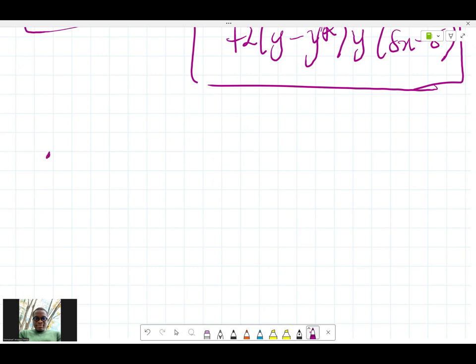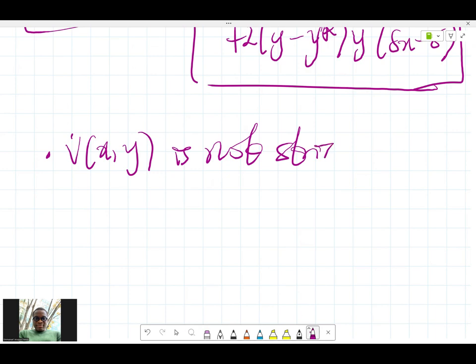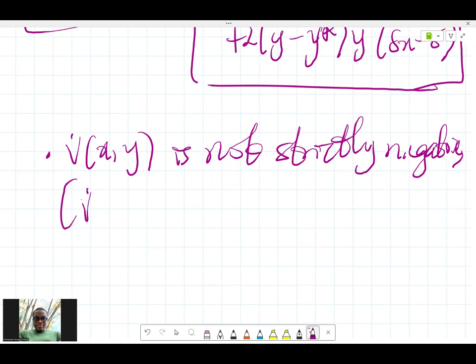First of all, we see that V dot of (x, y) is not strictly negative when we evaluate all that. There are possibilities of negativity, so V dot of (x, y) can be less than or equal to 0. It's not strictly negative.